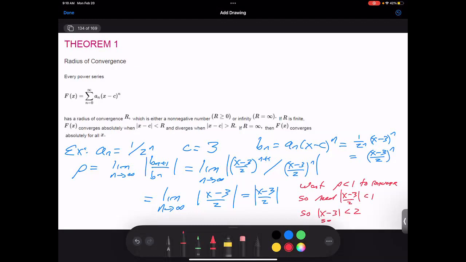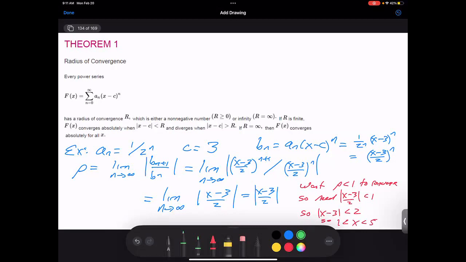So I want |x minus 3| to be less than 2. Go between -2 and 2. Okay, so if I take x to be -2, I would get -2 minus 3 is -5. It's 1 and 5. It'd be 1 less than x less than 5.